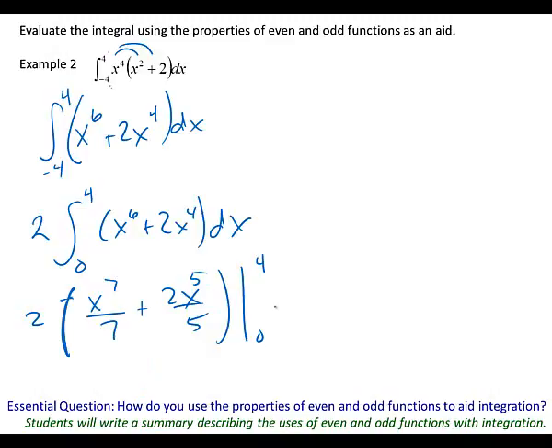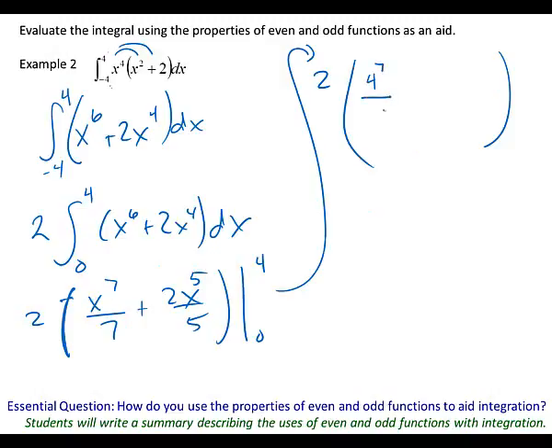Plugging in the zeros is just going to make it all go away, right? All right, multiplying by 2 is probably easier than putting the -4 in. All right, so let's put in the 4. Actually, we're just going to do this mostly in our calculator, right? 4 to the 7th over 7 plus 2 times 4 to the 5th over 5. And then minus 0, right? If I put 0 in, it would be 0.